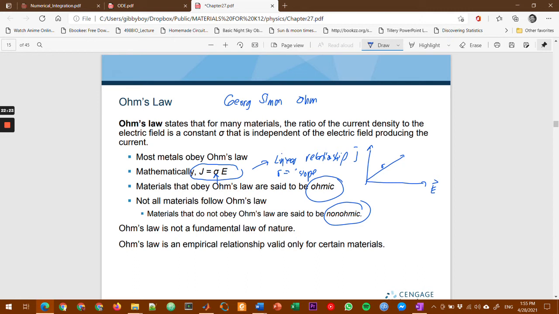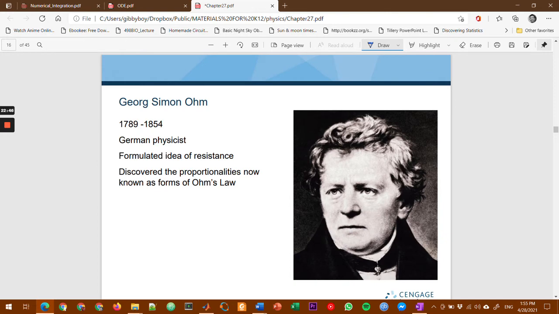So it is true only for selected materials, not for all. It is not fundamental, because if it were fundamental, it would be true for all. It is only an observed phenomenon, a relationship Ohm observed between the current density and the electric field of certain materials only. Okay? So this is George Simon Ohm, a German physicist, who formulated the idea of resistance and discovered the proportionalities now known as Ohm's law.